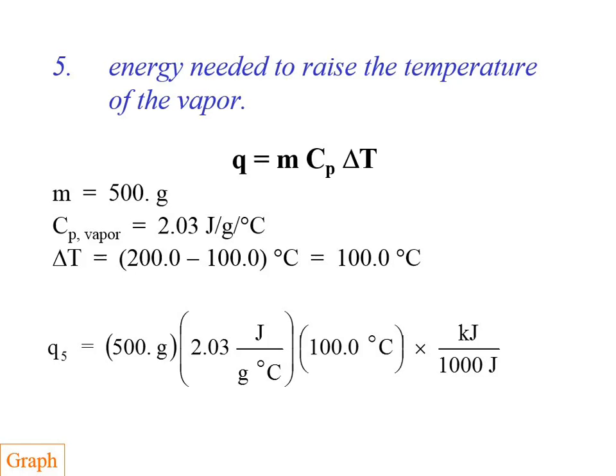Get it from joules into kilojoules. We put 1 kilojoule over 1,000 joules, rounding it to 3 significant figures. We get 102 kilojoules. And now we're ready to add them all up.